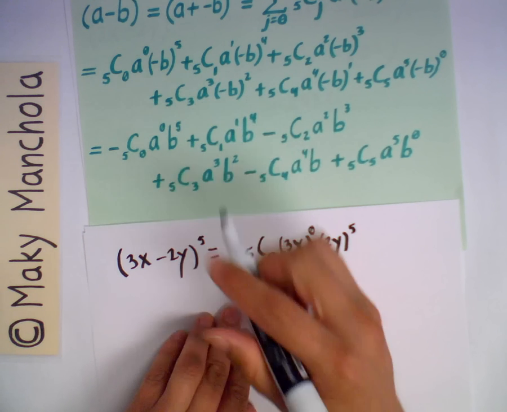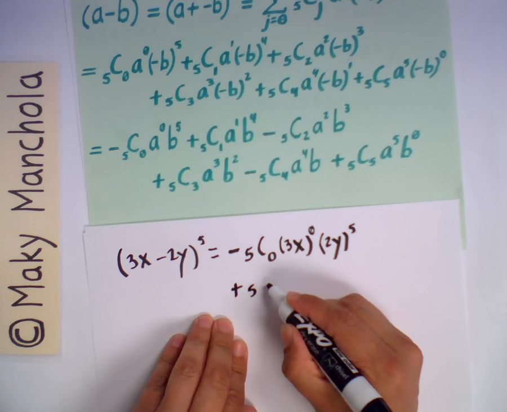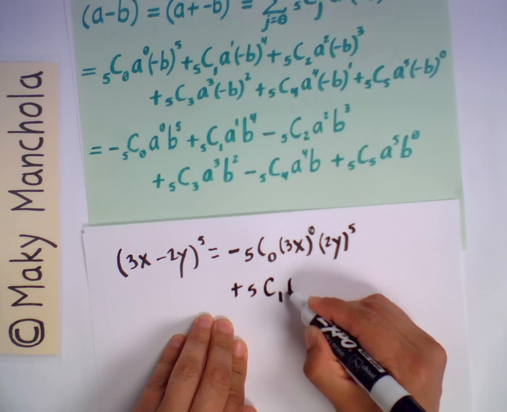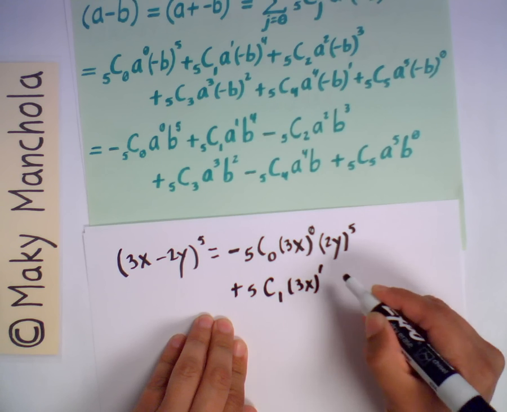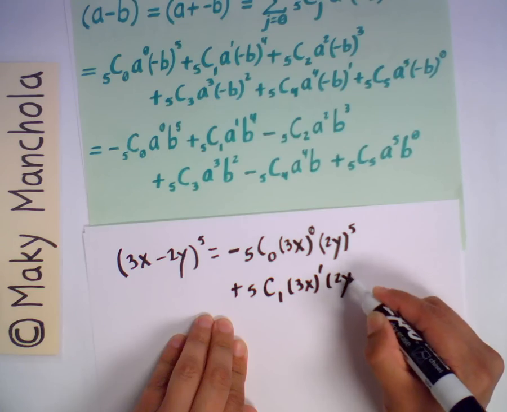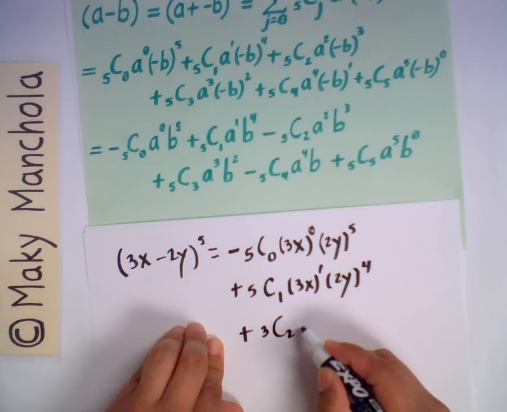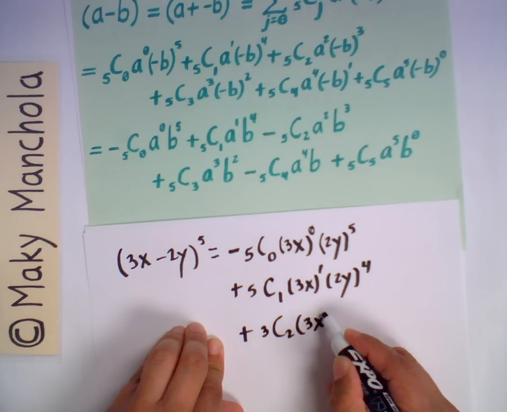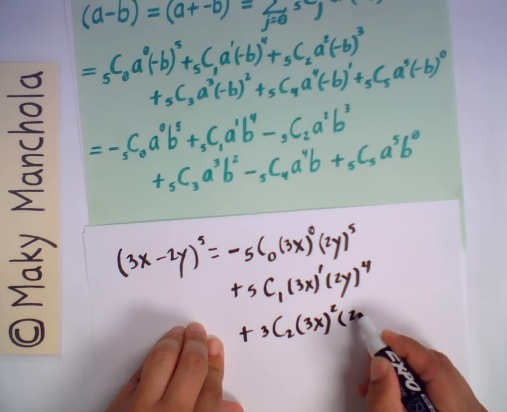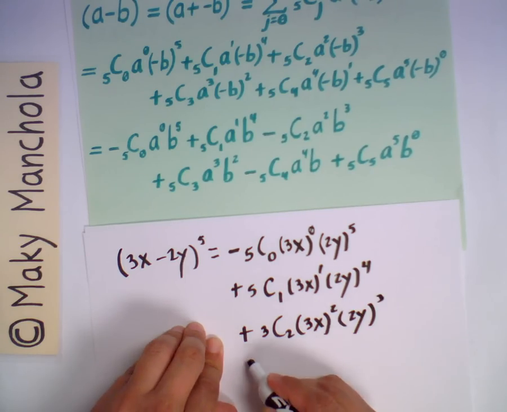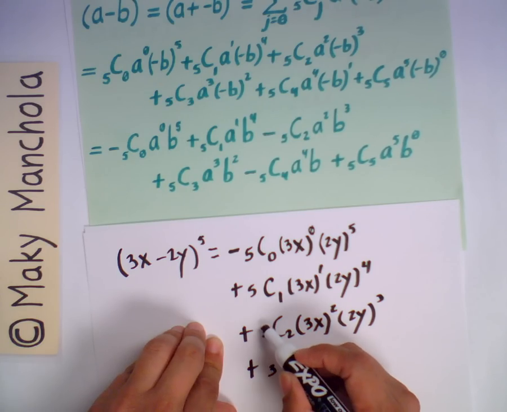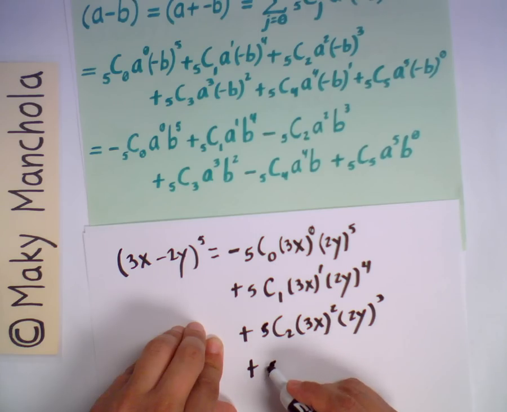And then plus 5 choose 1, 3x to the first, 2y to the fourth, plus 5 choose 2, 3x squared, 2y cubed, plus, excuse me, that was a mistake, sorry.